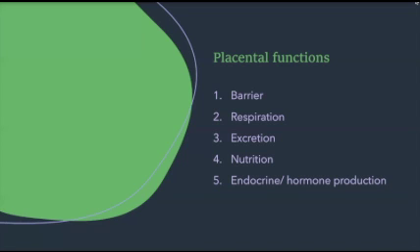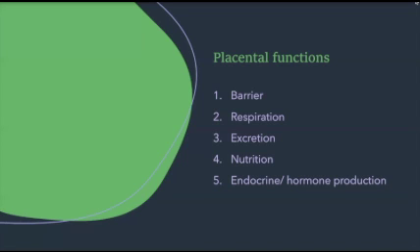Excretory function: little is known of the excretory function of the human placenta, but it is known that placental transfer of molecules like urea is linked to lipid solubility.